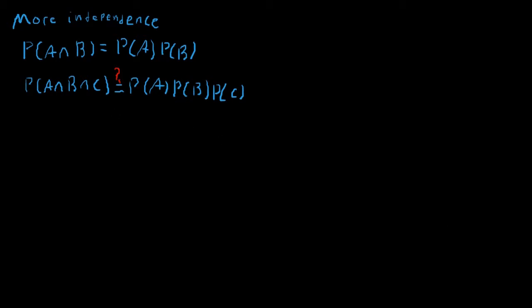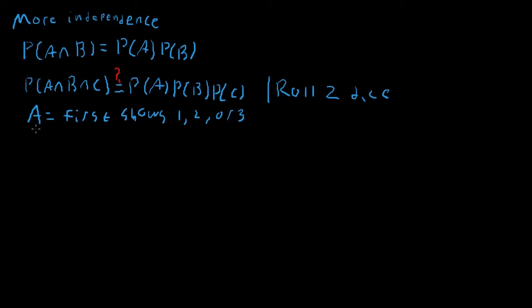An example of when this holds, but events aren't independent, is let's say I roll two dice. Let's say A is the first die shows 1, 2, or 3.